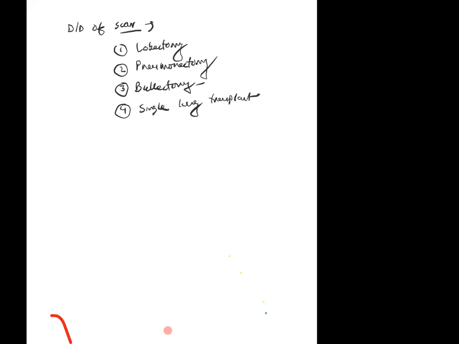Then the examiner will ask what are the causes of this lobectomy. If I say this is a case of upper lobectomy, the examiner will ask what is the cause. Always the number one cause is suppurative lung disease: localized bronchiectasis with repeated infection, or complications like massive hemoptysis.